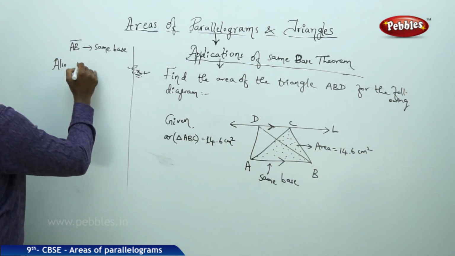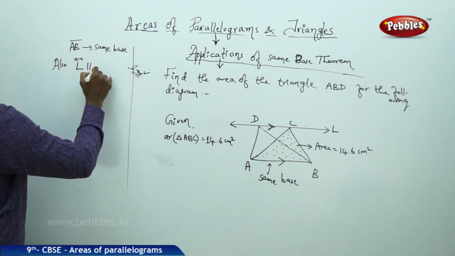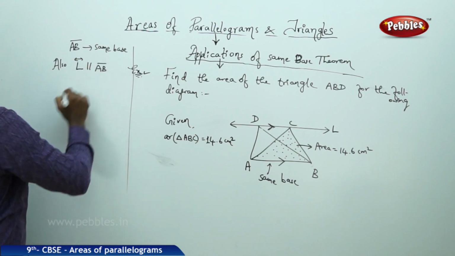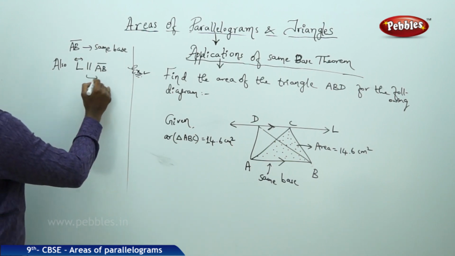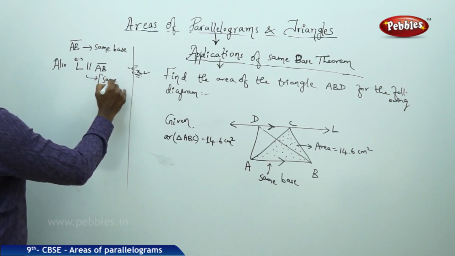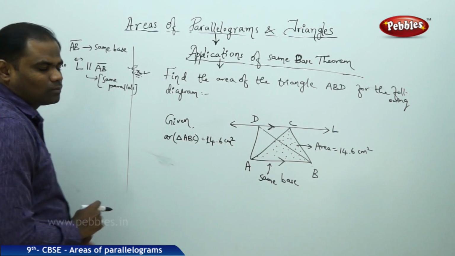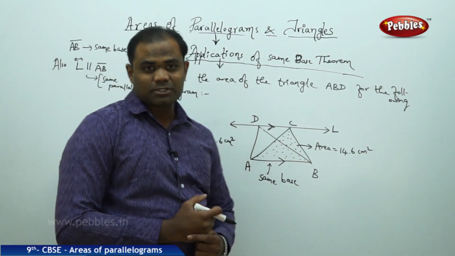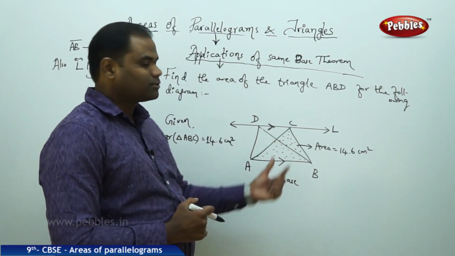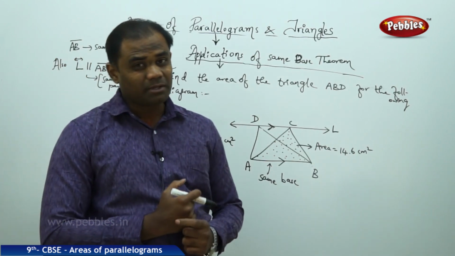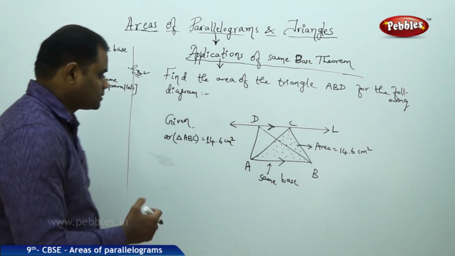Also, the line L is parallel to the same base. Now, striking with the previous same base theorem, these are the two triangles which are on the same base and between the same parallels.